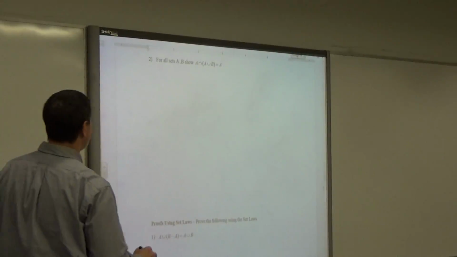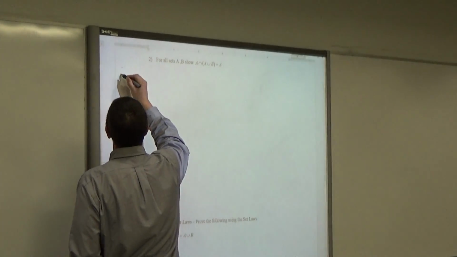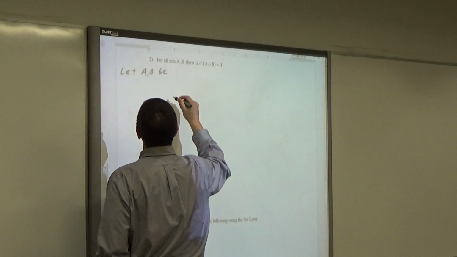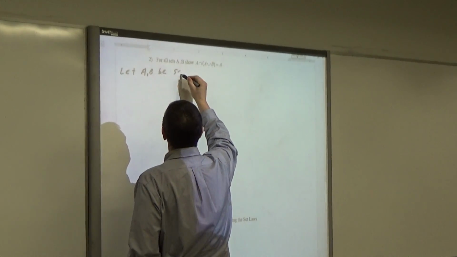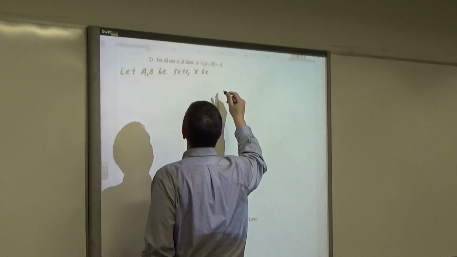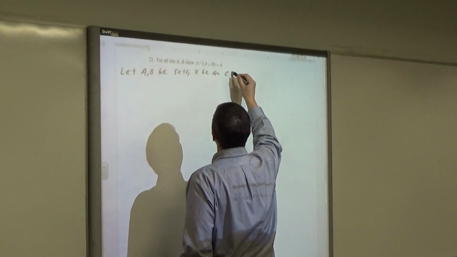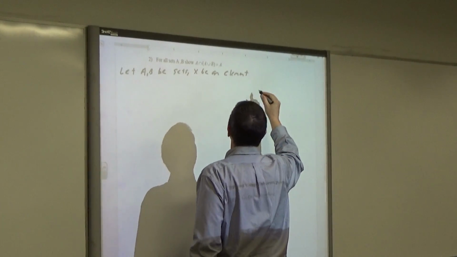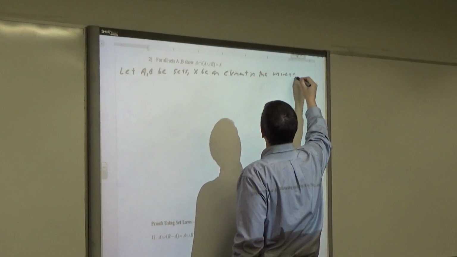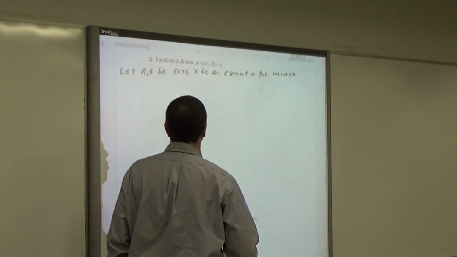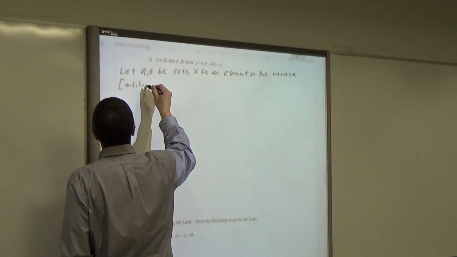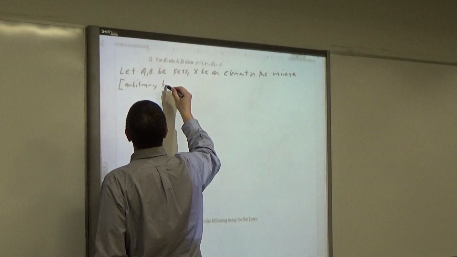Just like we did before, let's let A and B be any sets. And let's let X be an element in the universe, arbitrary or particular if we choose to.